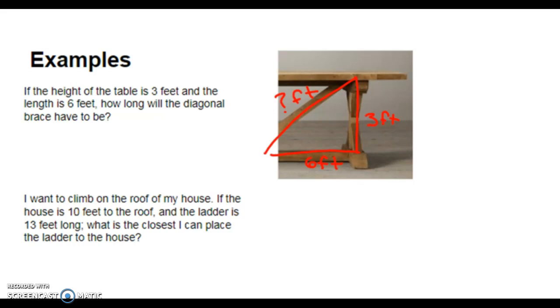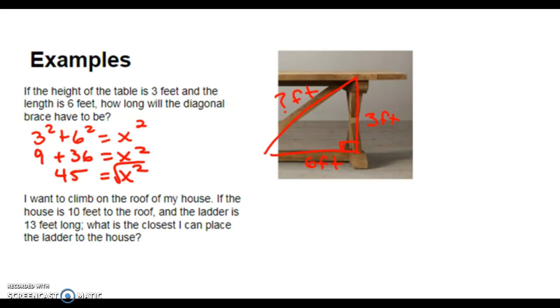We know the two legs, we have to find the hypotenuse. So we go 3 squared plus 6 squared equals x squared. You can also use C because C is commonly used for the hypotenuse. So 3 squared is 9, 6 squared is 36, equals x squared. You get 45 equals x squared. So we take the square root.